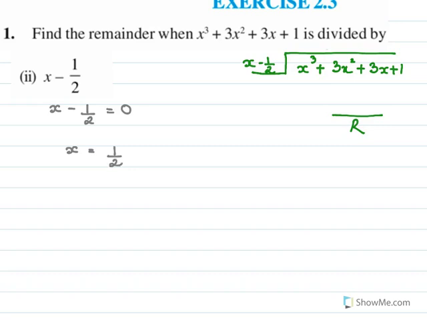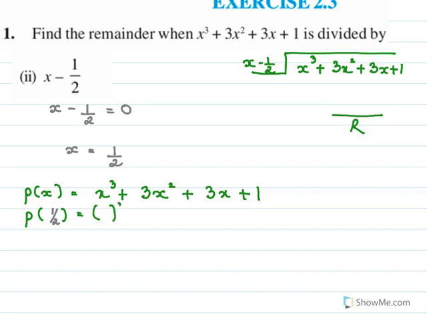Now the polynomial of which we have to find the remainder is p of x, and p of x is x cubed plus 3x squared plus 3x plus 1. To find the remainder, we do p of 1 by 2. This will give us the remainder. Wherever there is x, I will put 1 by 2.